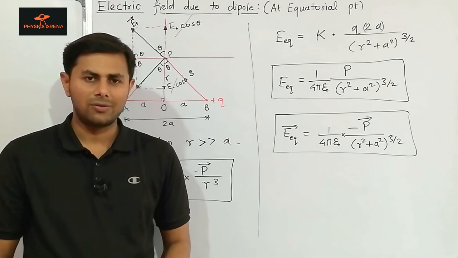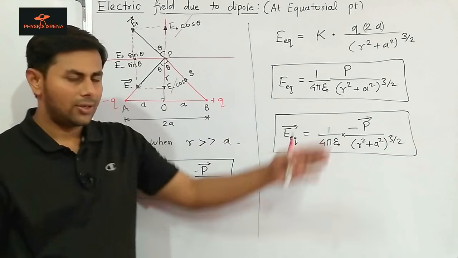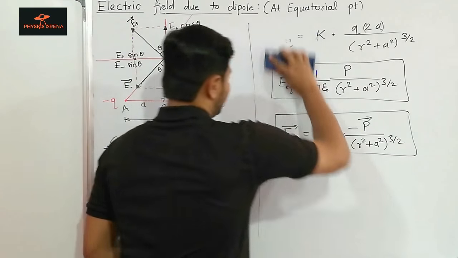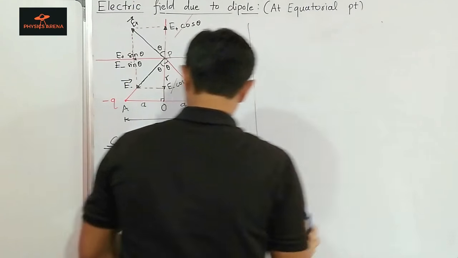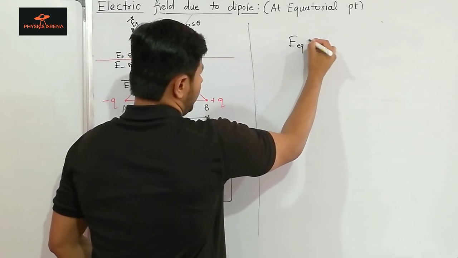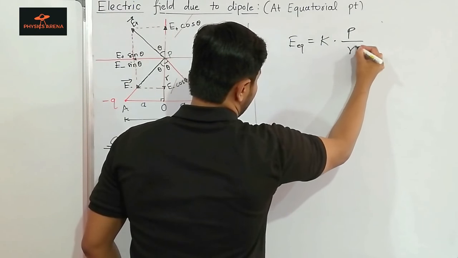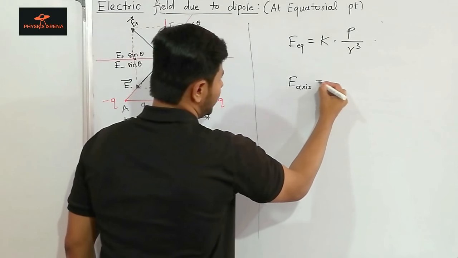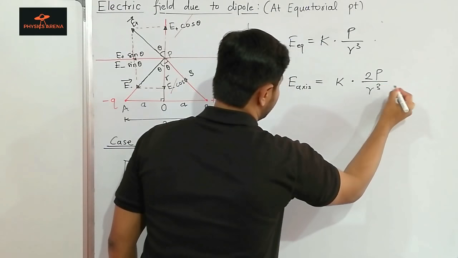Now recall what was the value of electric field along the axis of a dipole at a very far away point. So let me tell you that value. E equatorial equals K P over r cube, and E axial is equal to K into 2P over r cube.